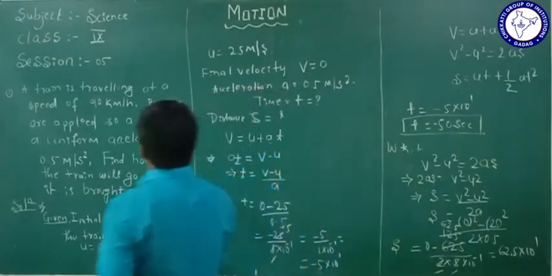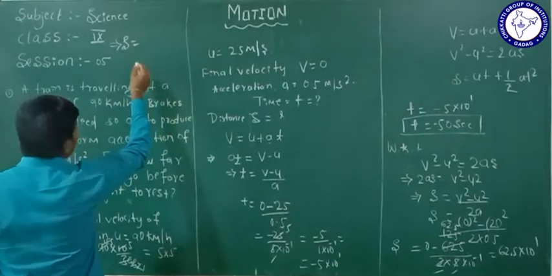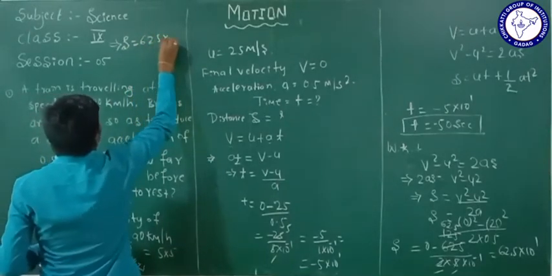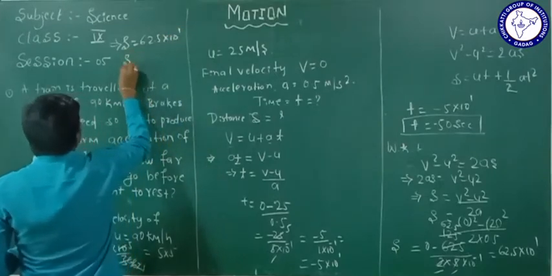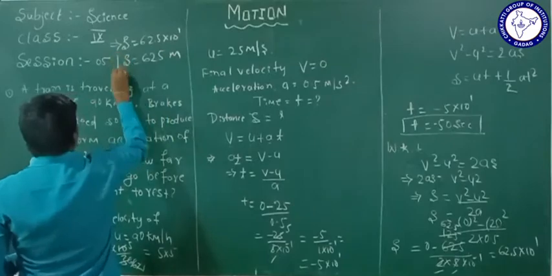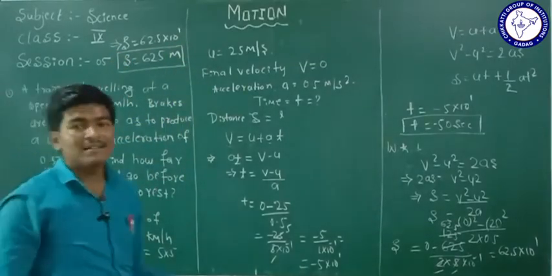Therefore s is equal to 62.5 into 10 raised to 1, that is s is equal to 625 meter.